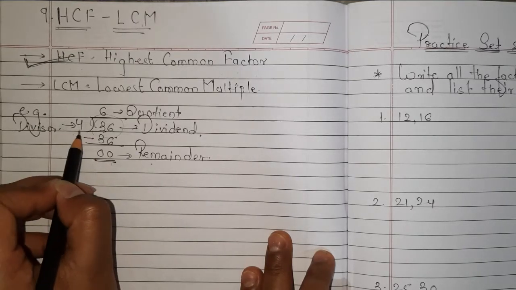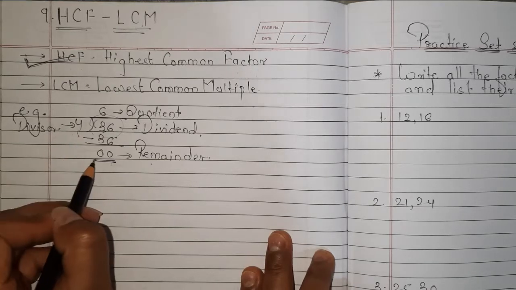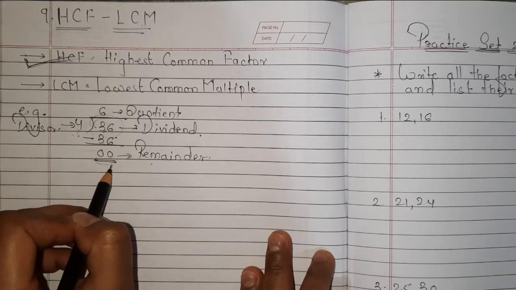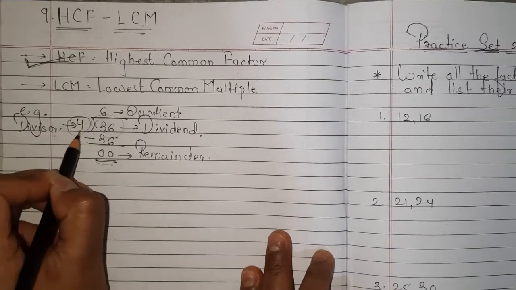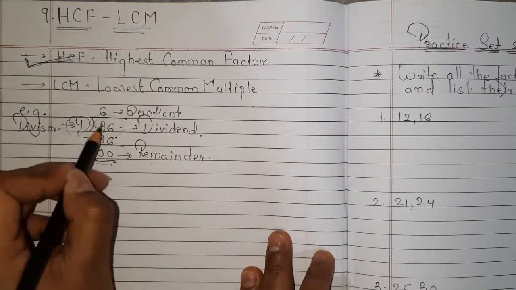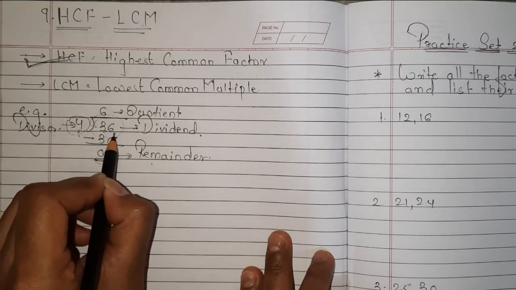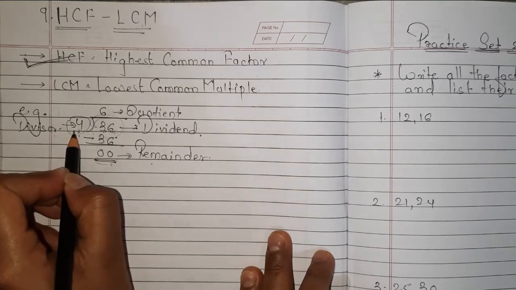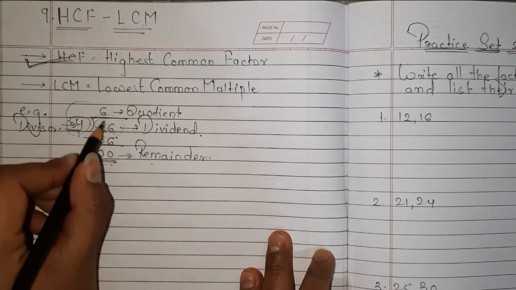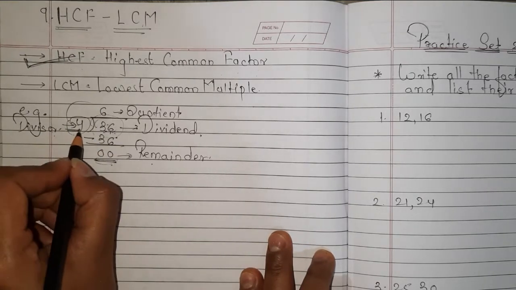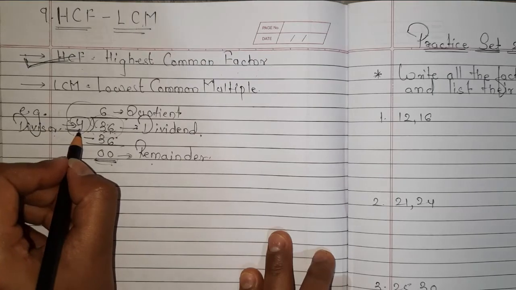When we get remainder as 0, then we can say that 4 is a factor of 36 and similarly 36 is a multiple of 4. So 4 is a factor of 36 and 36 is a multiple of 4.